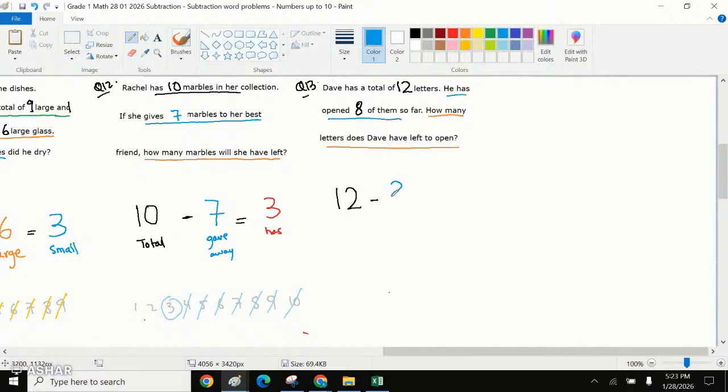So these were the number of letters which were already opened. How many letters does he have which he can open? Unopened letters, right? So how many letters does he have which are unopened?